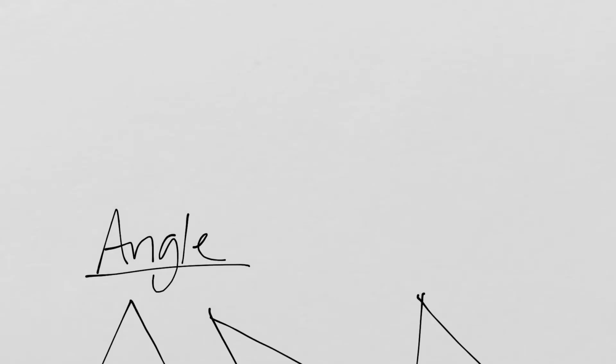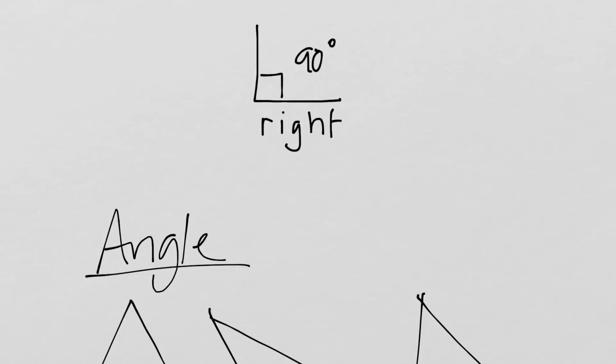Before we look at triangles, let's have a quick review about the different types of angles. If you remember from fourth grade, this is a 90-degree angle, and you usually show it with a little square in the corner to show that it's 90 degrees. A 90-degree angle is called a right angle. And then the other two main angles are based off that.